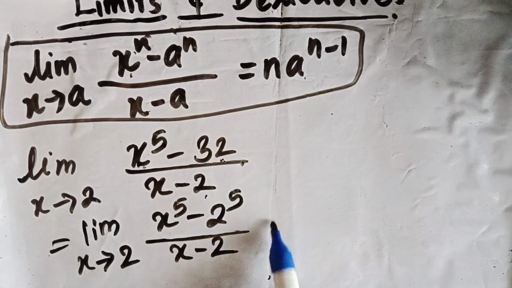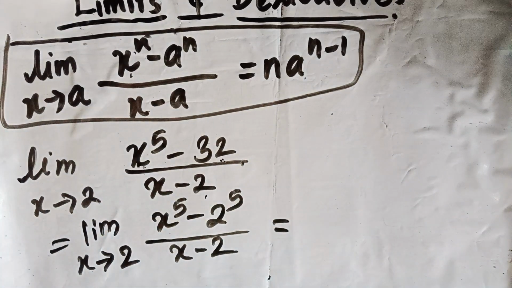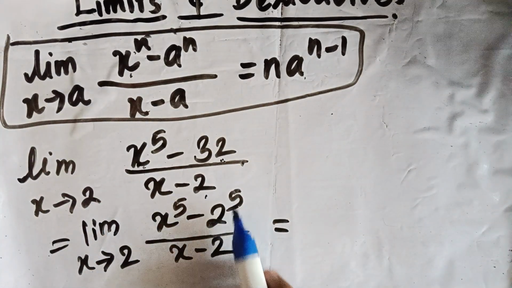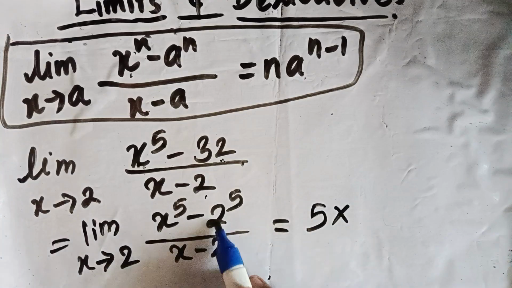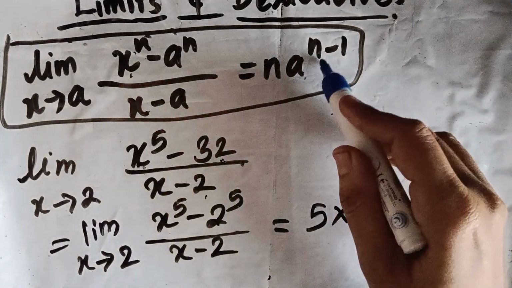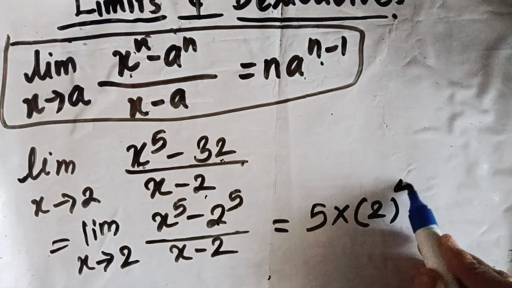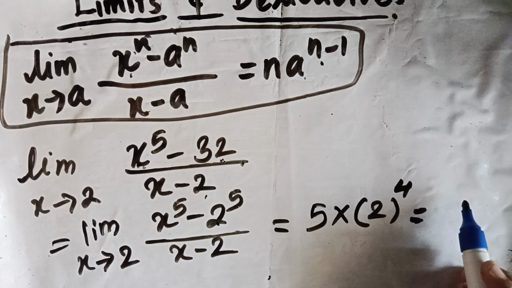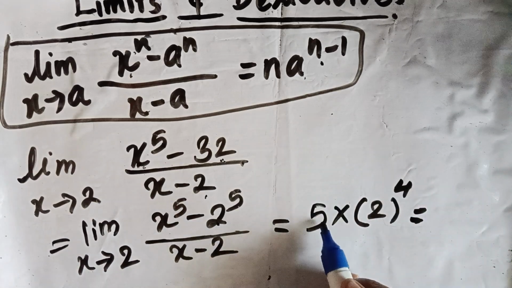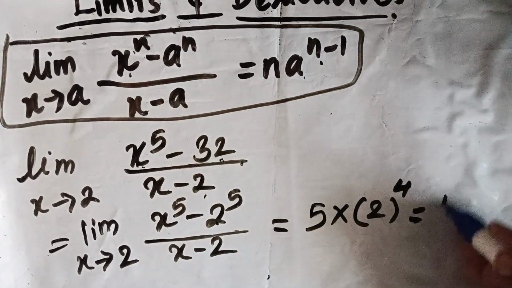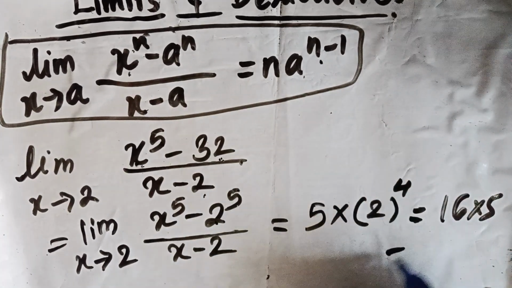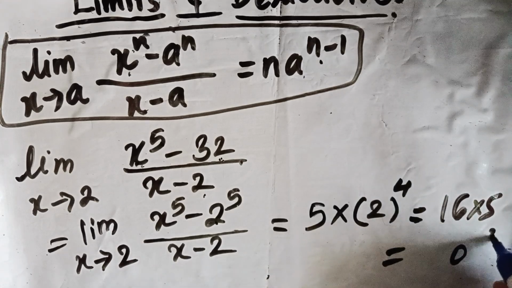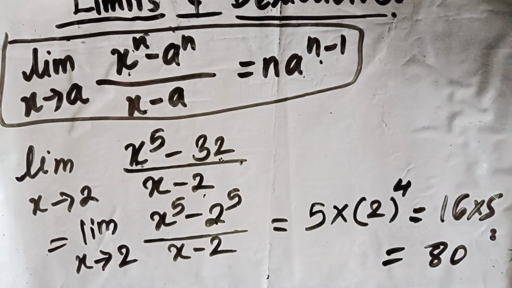So we can make use of this result. What is our n here? 5. A is 2. N minus 1, 5 minus 1, 4. So you'll get 16 fives are 80. So this is the answer.